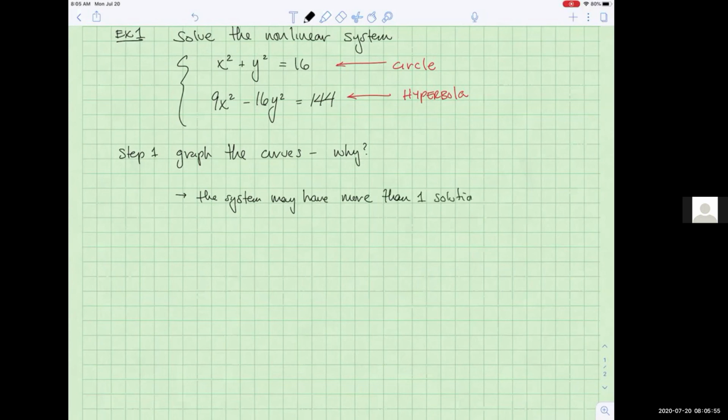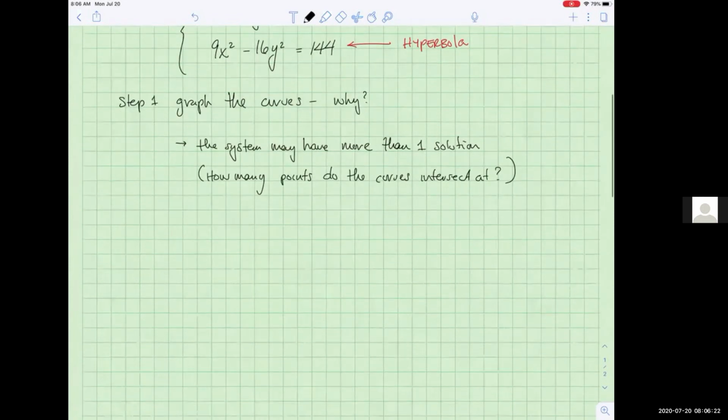Now, unlike the linear systems that we looked at, where anytime we had more than one solution, we automatically had infinitely many solutions, that's not the case here. We could have 2, 3, it just depends upon how many points the curves intersect at.